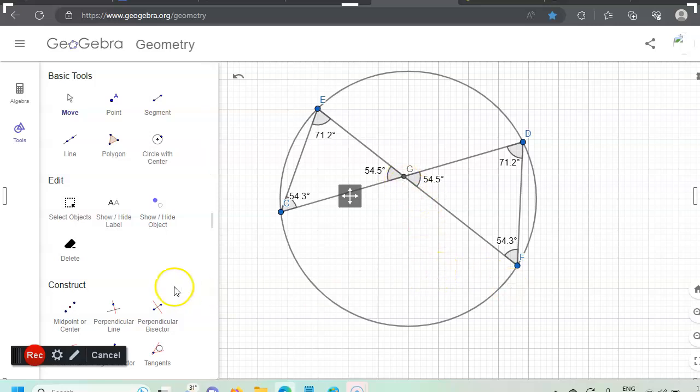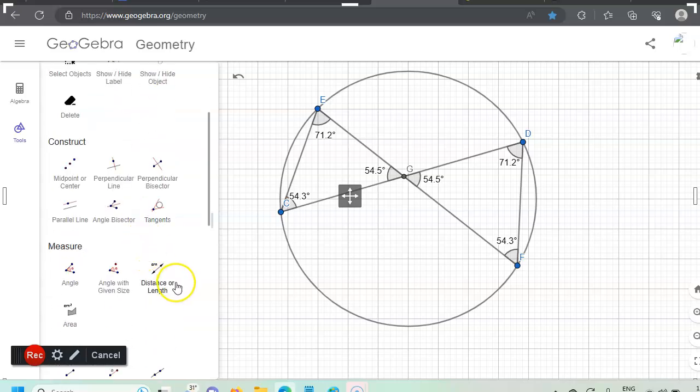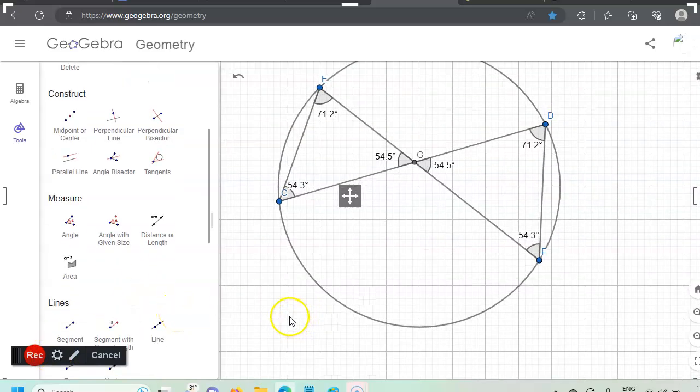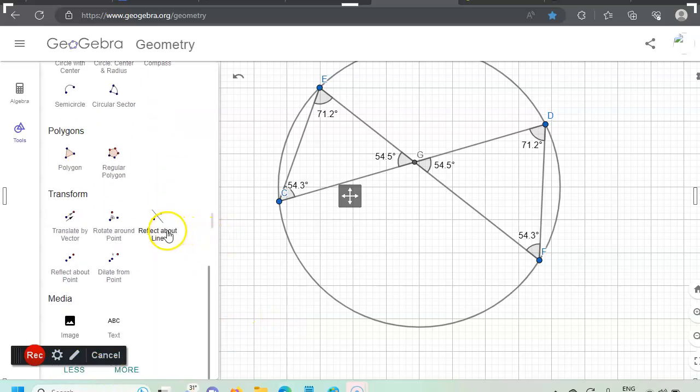Now let's use GeoGebra to show validity of such correspondence. Alright, so let's measure the distances of the intercepts.